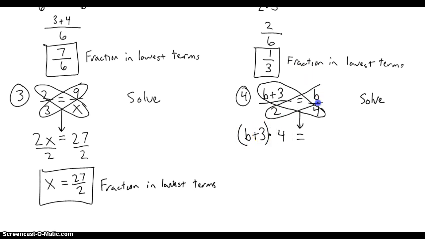Equals 2 times b. Now in order to solve, I'm going to have to distribute first. So I get 4b plus 12 equals 2b. Keep solving for b by subtracting 2b from both sides.